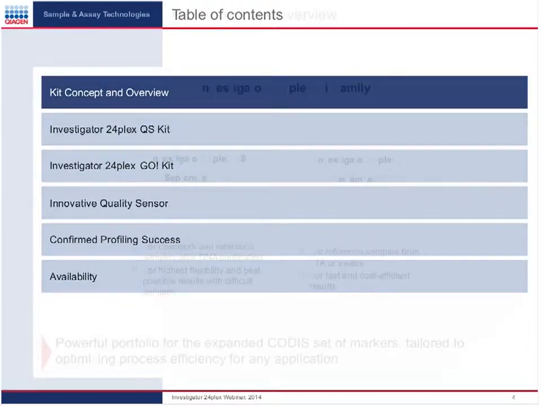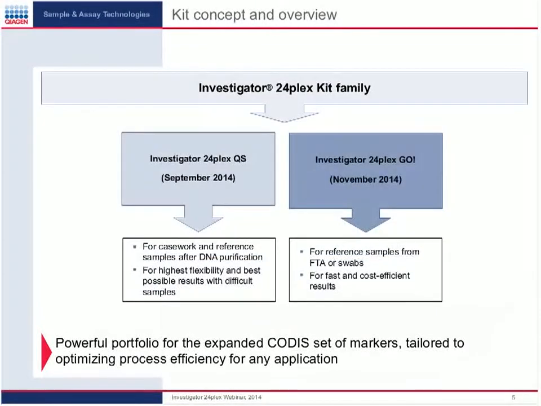So first topic, the kit concept and overview. As I mentioned before, Investigator 24-plex is not only one kit, it is a family of two very similar STR kits. On the left side, I displayed the Investigator 24-plex QS.